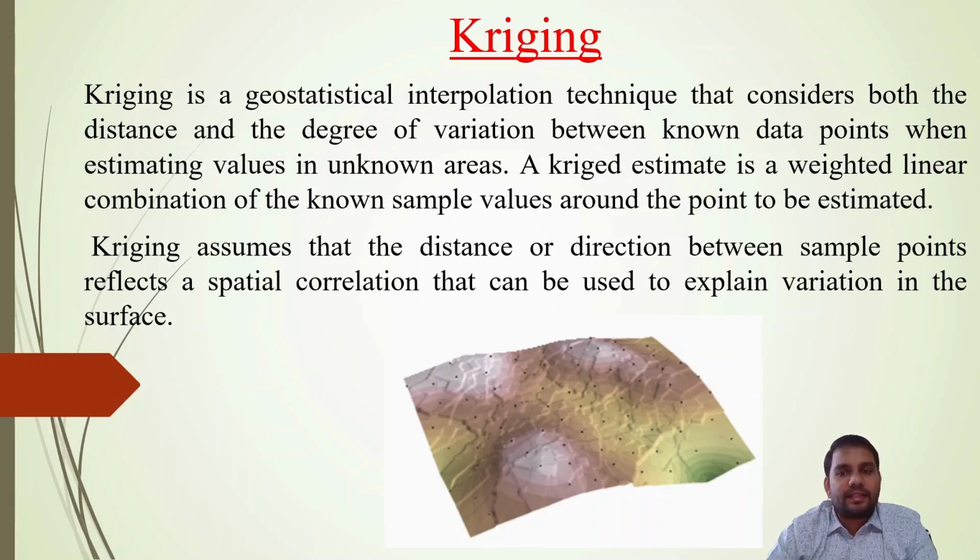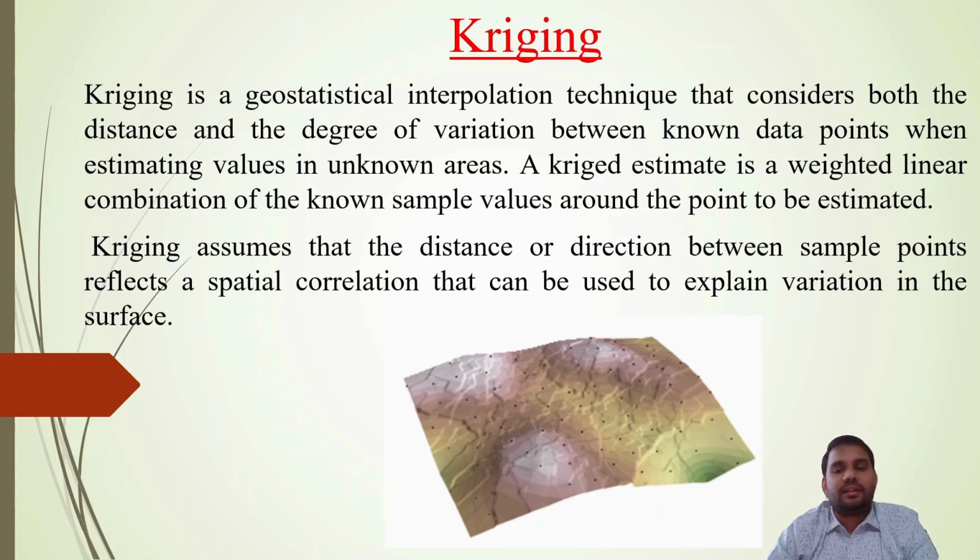Okay, a Kriged estimate is a weighted linear combination of known sample values around the point to be estimated. Kriging assumes that distance or direction between sample points reflects a spatial correlation. Spatial correlation means there is some relation in space. So it assumes that the greater the distance, the spatial correlation will be more.